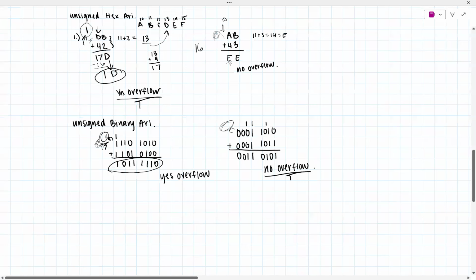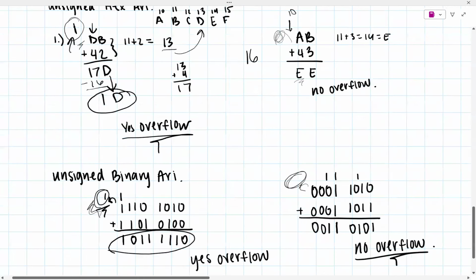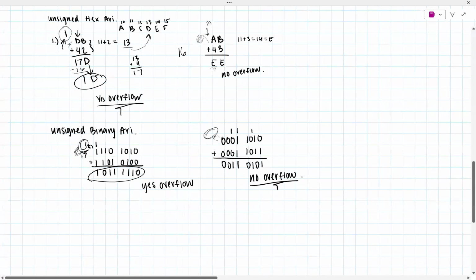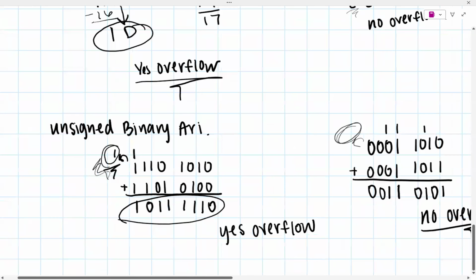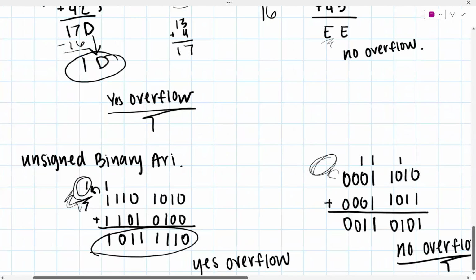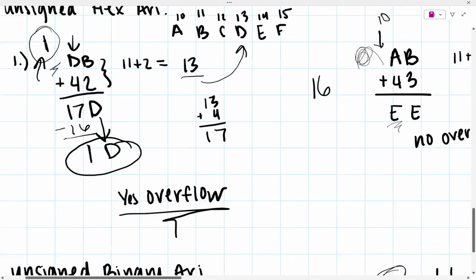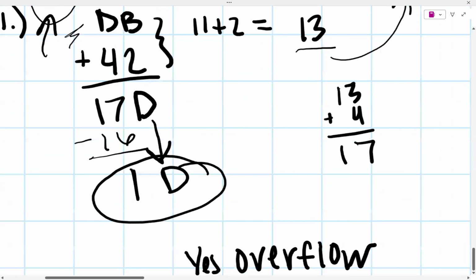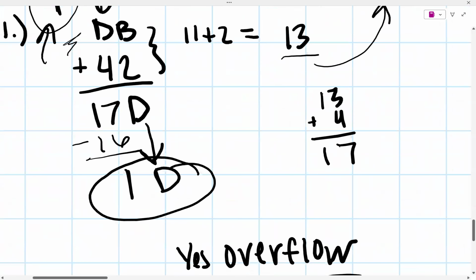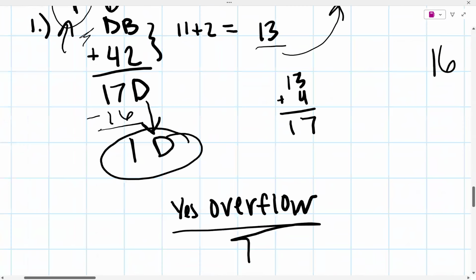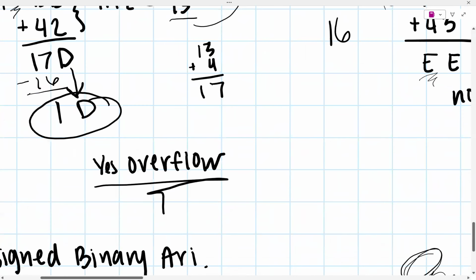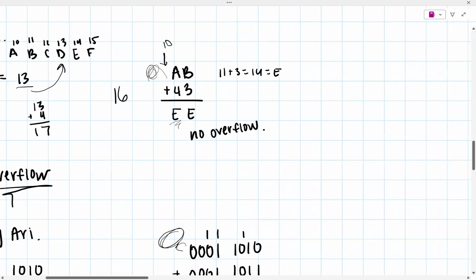So again, whether it be hexadecimal arithmetic or binary arithmetic, you're looking to see if we have any remainders left over that don't get to be added, right? So the actual answer, you'll leave it as is and not include that extra bit on the side, but you'll still need to mark it as overflow.